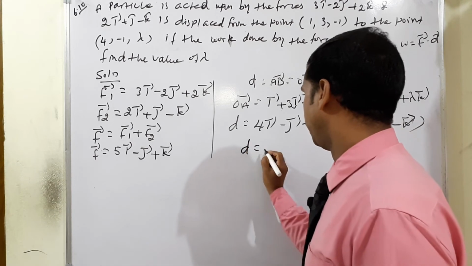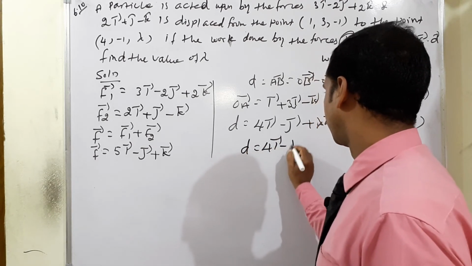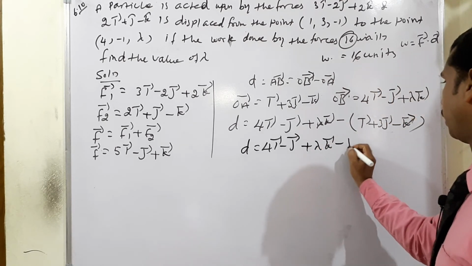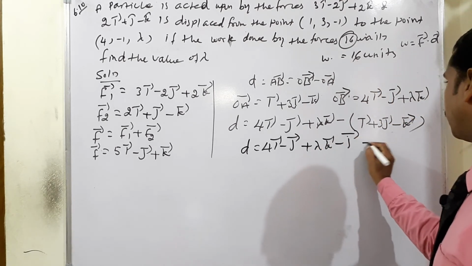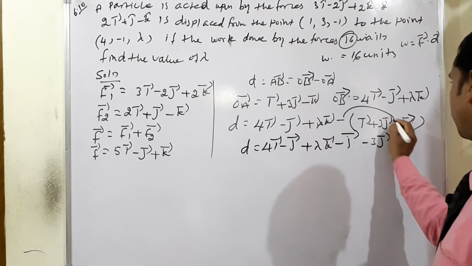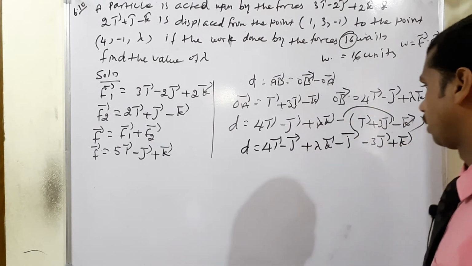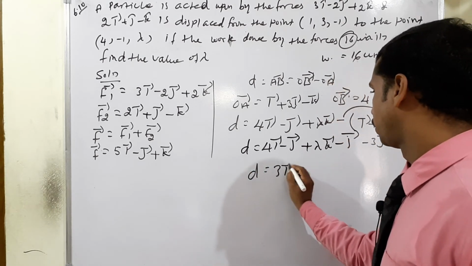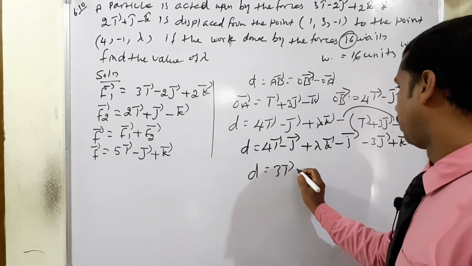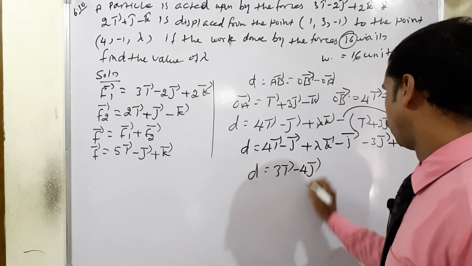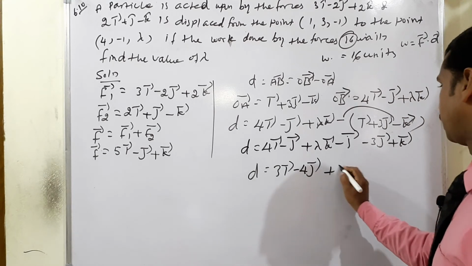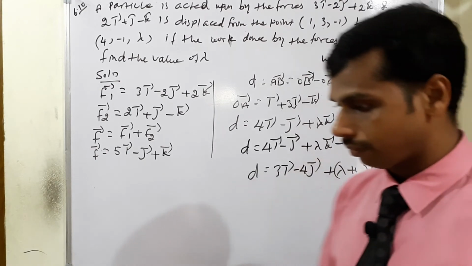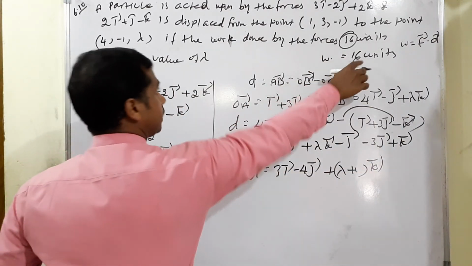If you remove the bracket, it gives minus i vector minus 3j vector and minus into minus gives plus k vector. Therefore, D is equal to 4i minus i, which is positive 3i vector, minus j minus 3, so minus 4j vector, then plus lambda, and there is also 1, so lambda plus 1 into k vector. This is called D.